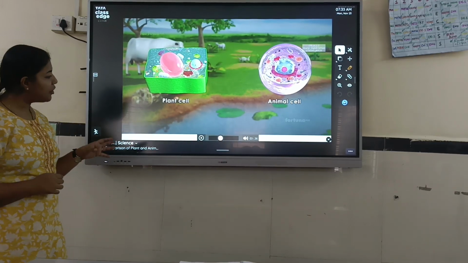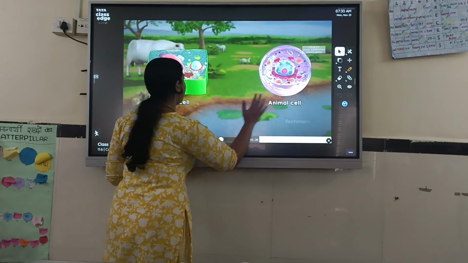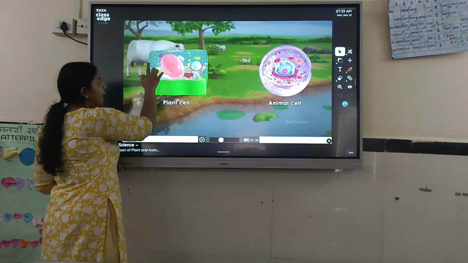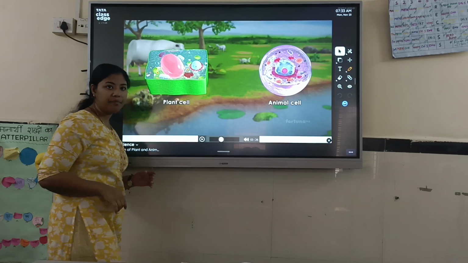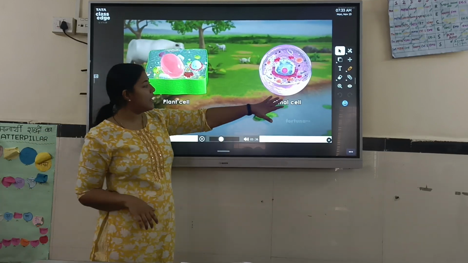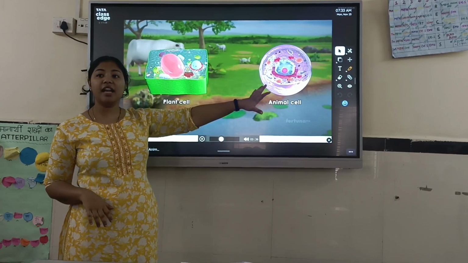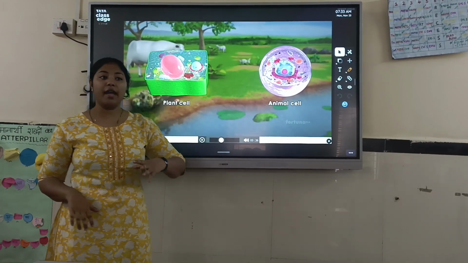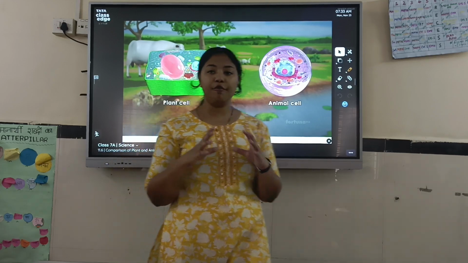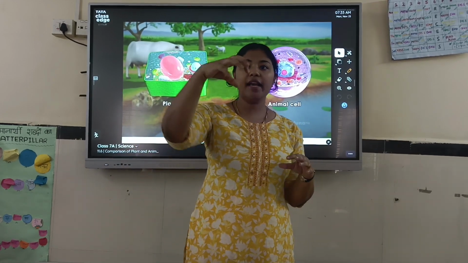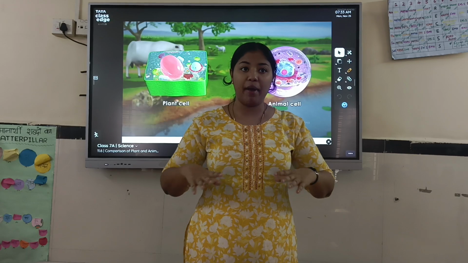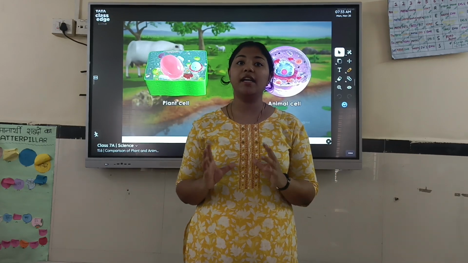Now I want you all to look into both the images. In this image, can you see a light blue color liquid everywhere? Yes. What about this animal cell? Can you see this purple color liquid everywhere? That is the cytoplasm. Cytoplasm is a fluid in which all these cell organelles are suspended inside the cell.